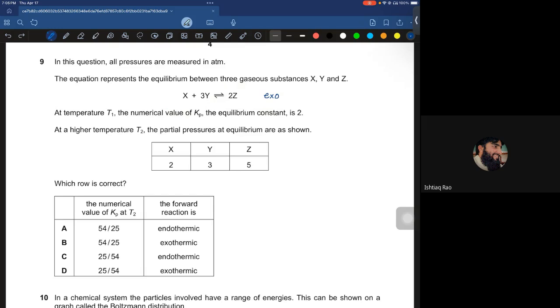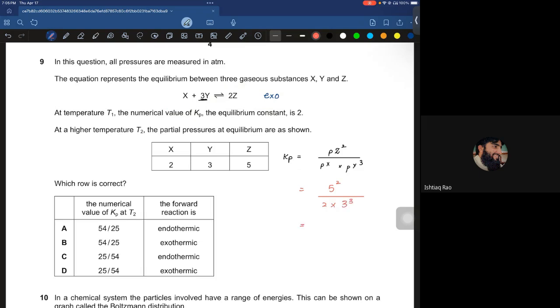Okay, and we have to solve it. We know that Kp is equal to the partial pressure of the product, that is Z, divided by the partial pressure of the reactants, X and Y to the power 3, because the coefficient is 3. Since we know the values, that is 5 squared, then 2 multiplied by 3 raised to the power 3.